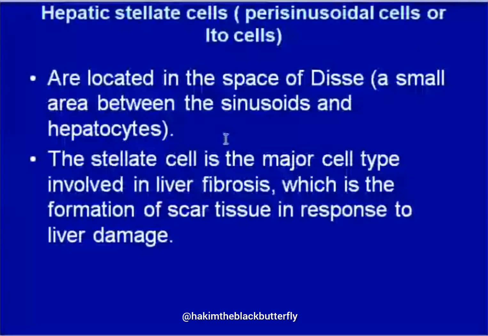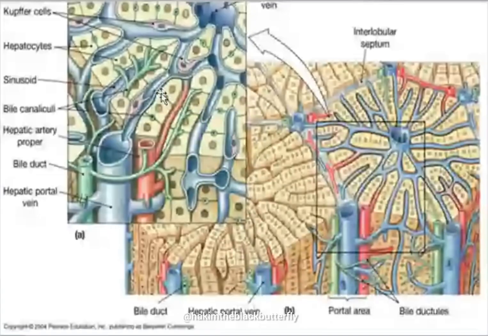The perisinusoidal space is known as the space of Disse. It is the space on the sides of the sinusoids, where we have substances crossing between the blood in the sinusoid and the hepatocytes, and also oxygen crossing.